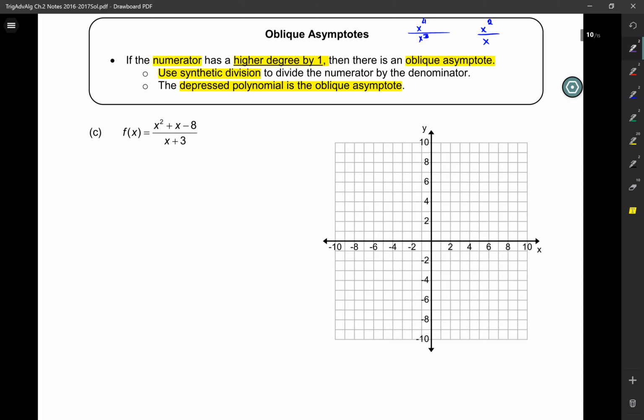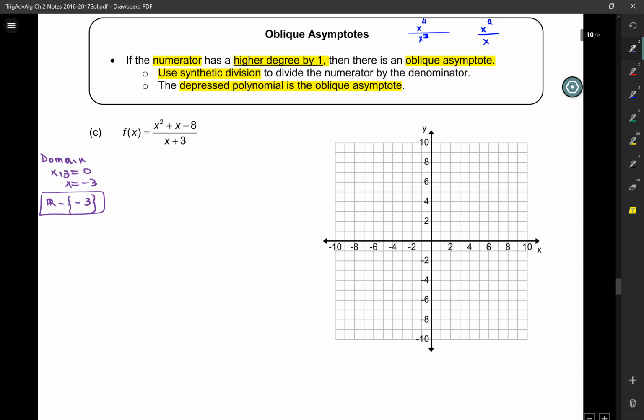Okay. Let's do domain. You say x plus 3 equals 0, so x equals negative 3. So the domain is all real numbers minus negative 3.